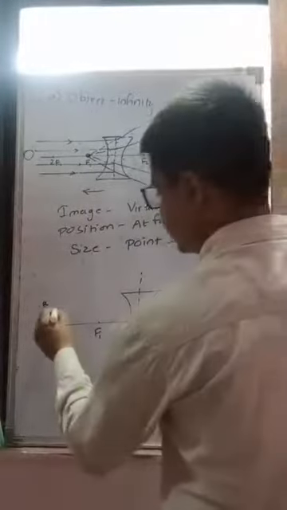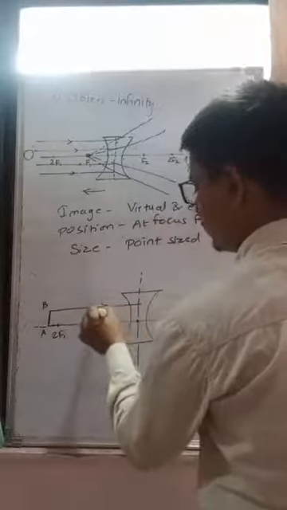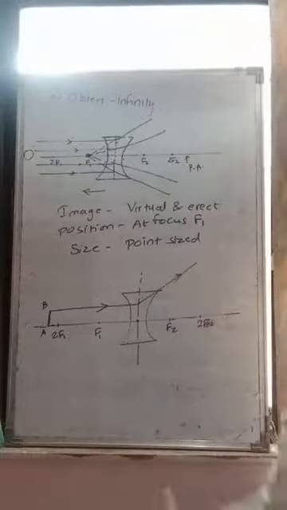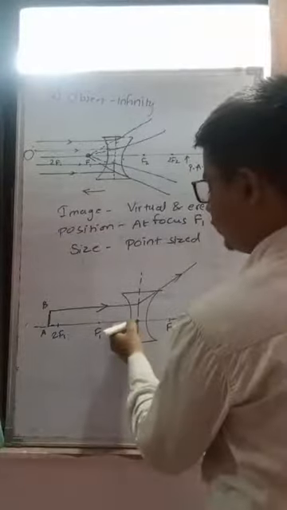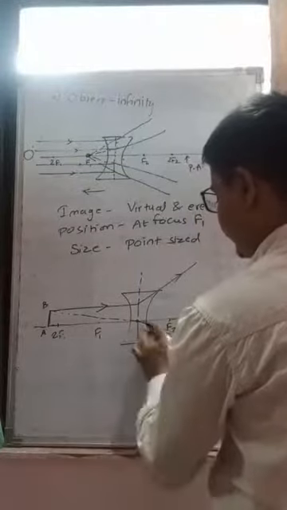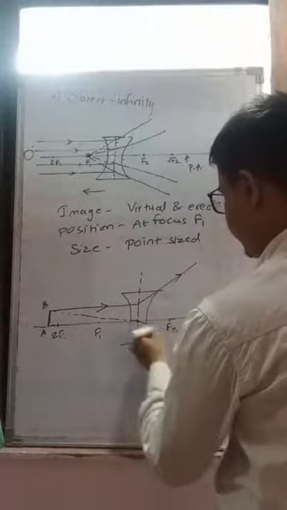Obviously, the first rule: if we allow a ray to move parallel, we observe a refracted ray. If we allow the light to pass through the optical center, it will be undeviated or undisplaced. It will move as it is.